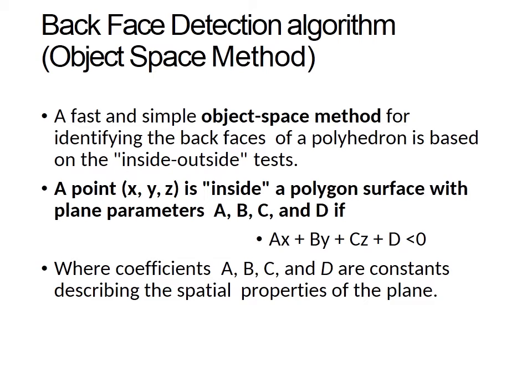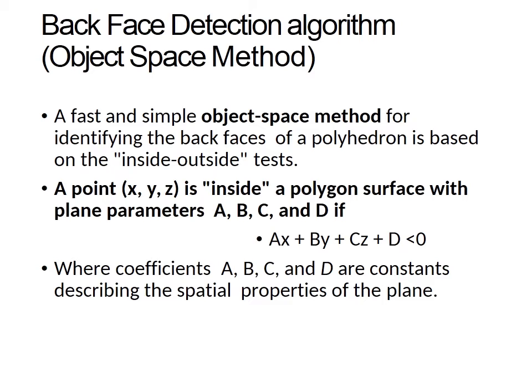A point (x, y, z) is inside a polygon surface with plane parameters A, B, C and D if Ax + By + Cz + D is less than 0, where the coefficients A, B, C and D are constants describing the spatial properties of the plane. The image space method requires more computation. Each object is defined clearly. Visibility of each object surface is also determined.